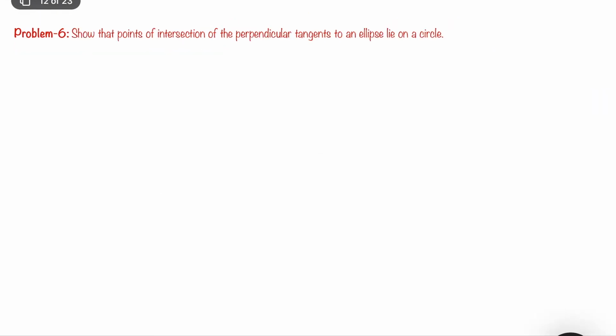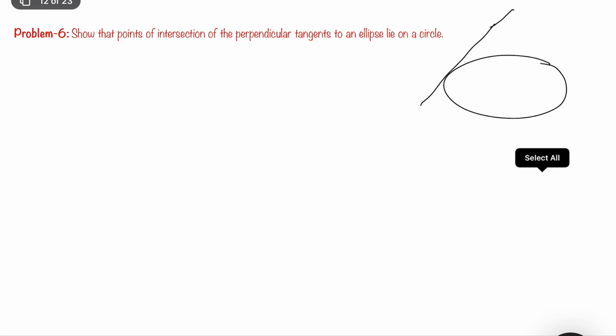Problem 6. Show that points of intersection of the perpendicular tangents to an ellipse lie on a circle. That means, let us say this is our ellipse, if you consider any two perpendicular tangents to this ellipse, they may look like this. This is one tangent, another should be perpendicular to this tangent, something like this.